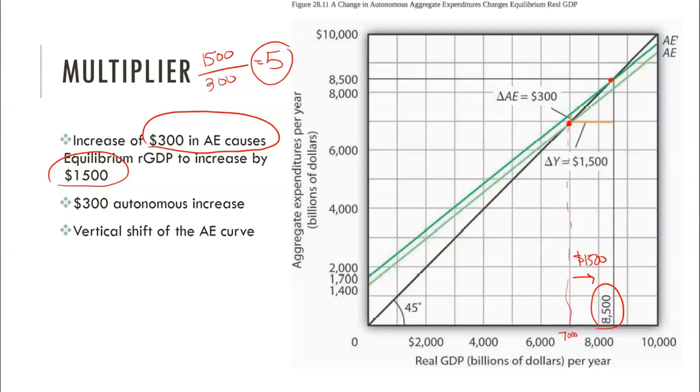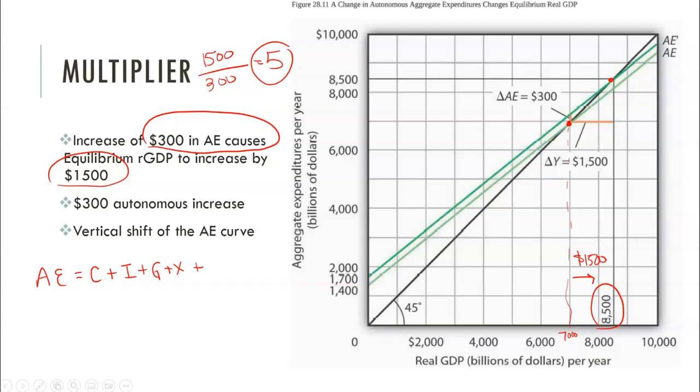But we want to see how we can actually do that using the MPC. The slope of our aggregate expenditures line is related to the marginal propensity to consume. We're going to have our aggregate expenditures function, with some autonomous level of consumption, autonomous investment, autonomous government spending and net exports. But then we're also going to have induced expenditures, which we talked about in our first video about the aggregate expenditures model.